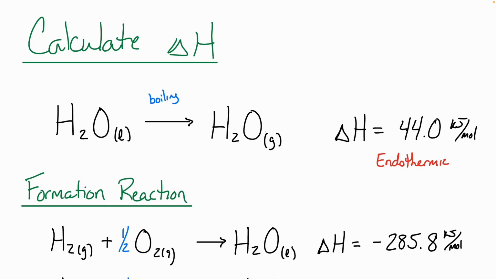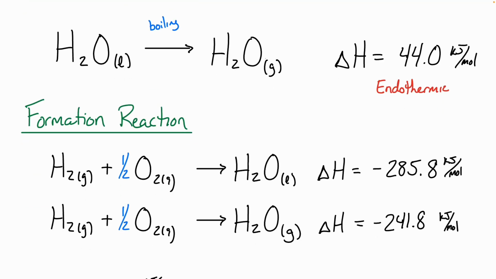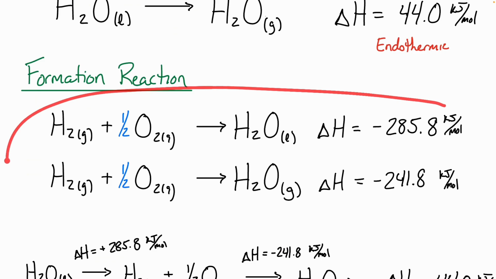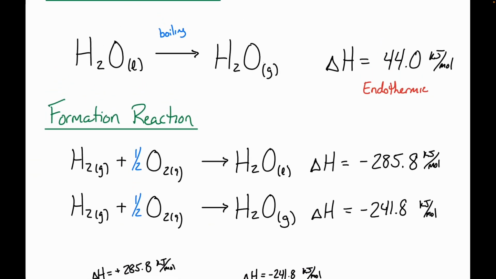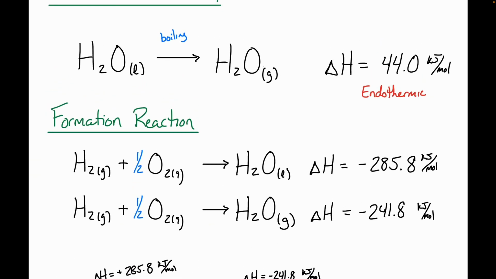And after introducing enthalpy, we talked about these two ways that we can calculate enthalpy. One is taking these reactions that we know our enthalpy for and combining them to get the enthalpy of our unknown reaction. And the other way was specifically using these formation reactions here.